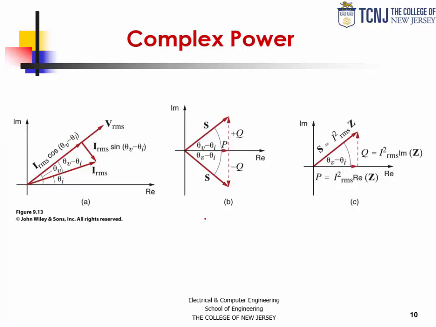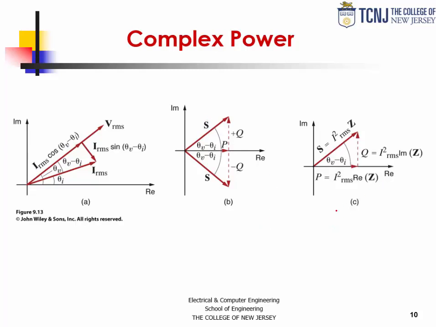In this figure, we see the complex power with its real projection with an angle of theta V minus theta I, and we see the other projections for the reactive power of plus Q or minus Q, depending on whether the complex power is in the fourth quadrant or in the first quadrant.